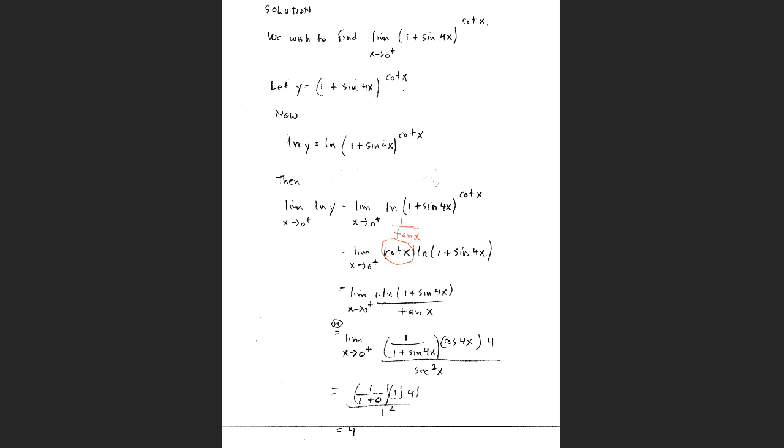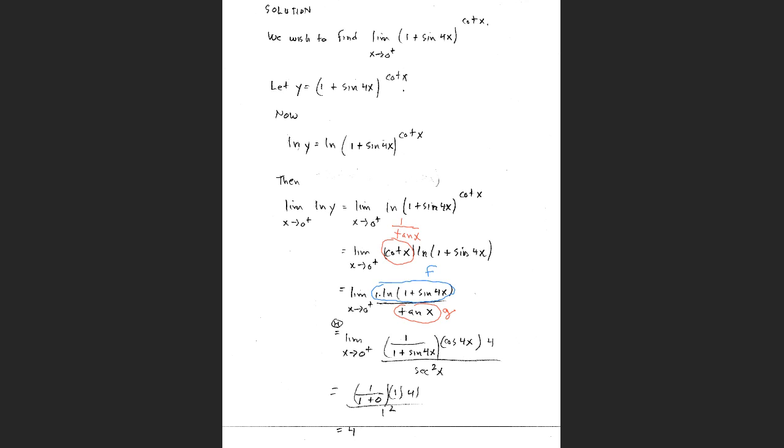So that puts the tangent of x in the denominator, and the log of 1 plus the sine of 4x in the numerator. So this is my f in the numerator, and the tangent of x is my g in the denominator.